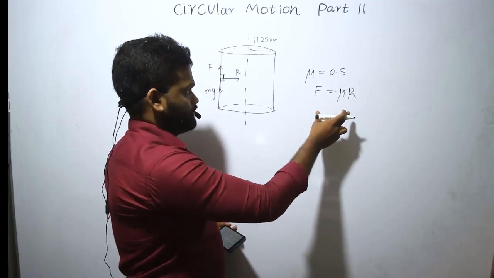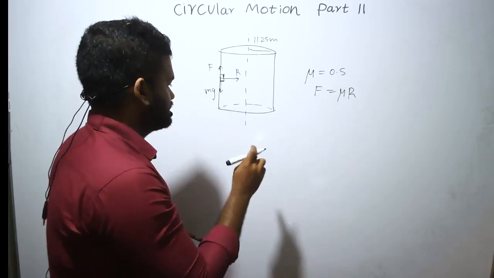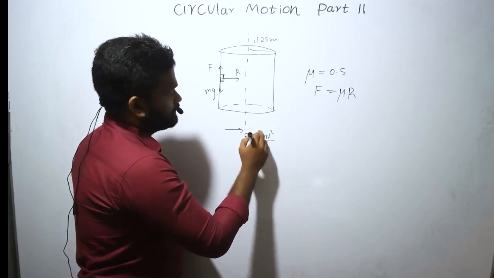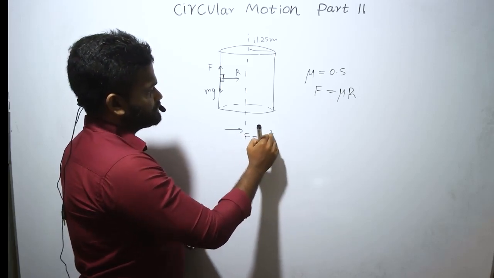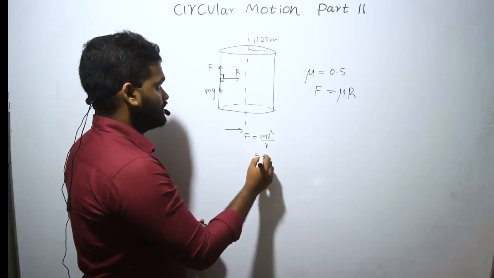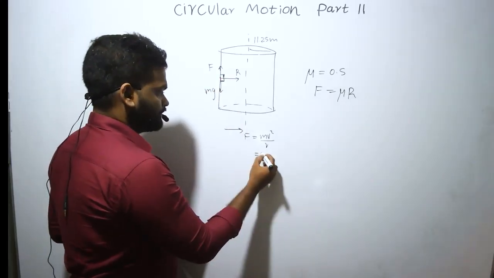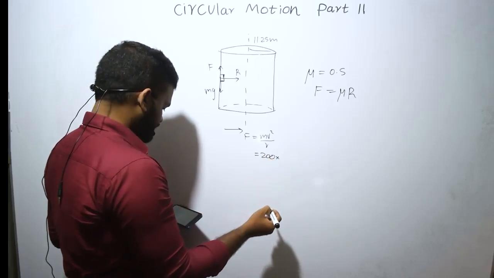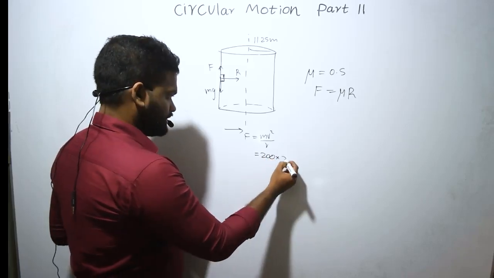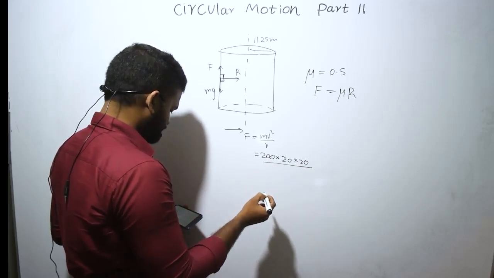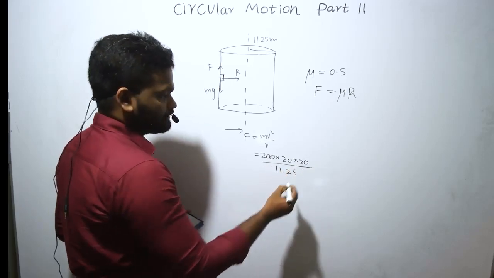Okay. Before applying that, I'll just apply this equation. F equals mv squared over r. So the mass they have given 200 kilogram. Velocity 20 squared divided by radius 11.25.